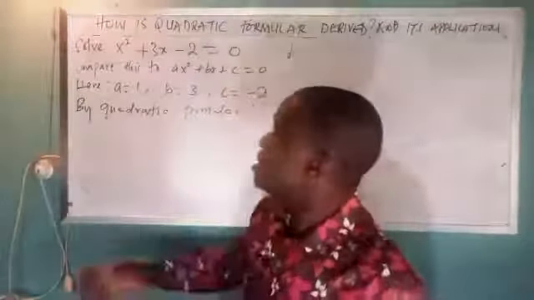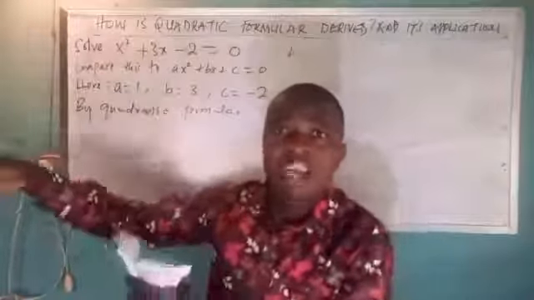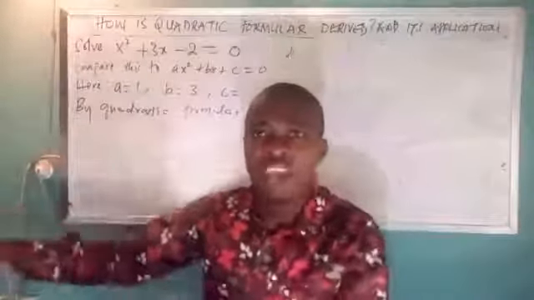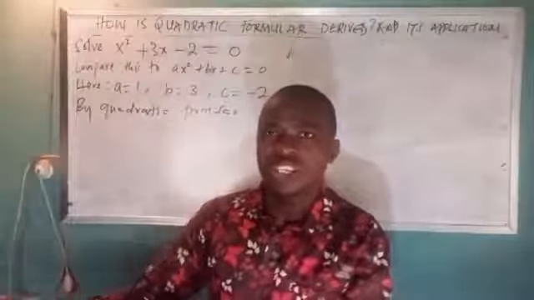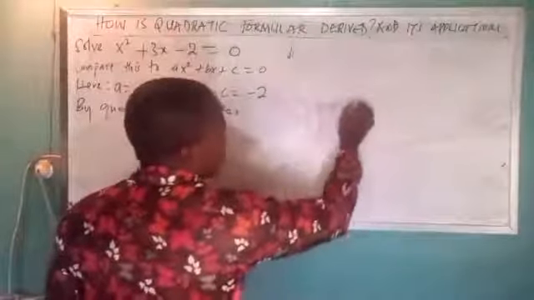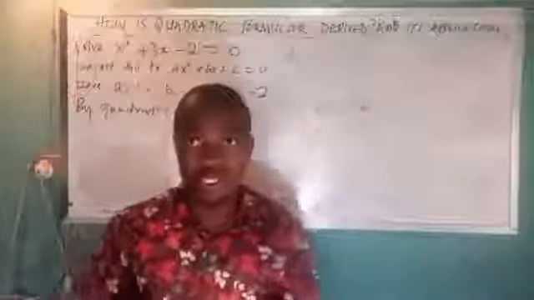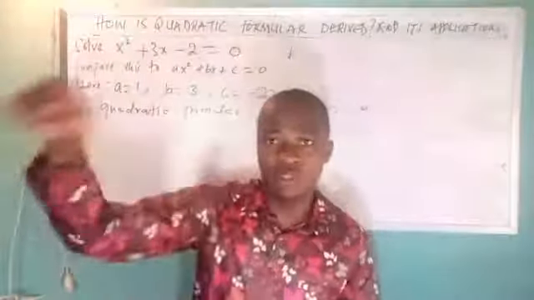Let's say the equation given to us is not in terms of x, but of y or another variable you use. Understand? Instead of writing x equals minus b and so on, you write that particular variable.